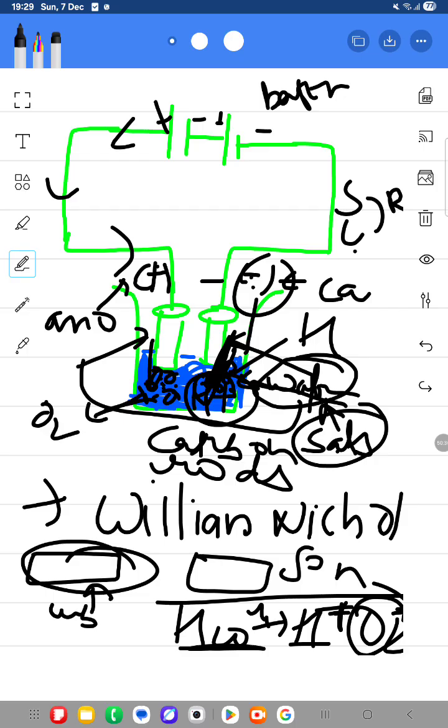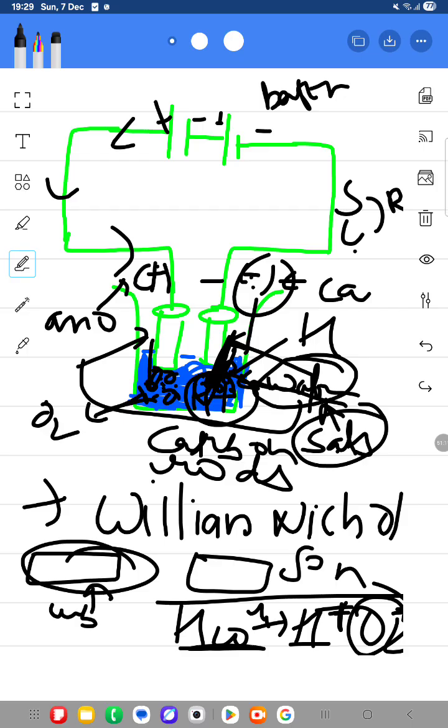I will give you a quick summary of this. We have used a battery, two carbon rods, and H2O mixed with salt. Now when the electric current flows through it from the positive to the negative terminal, we will see some changes. The changes are the formation of bubbles of oxygen and the formation of hydrogen. Oxygen will be seen at the positive end of the battery and hydrogen at the negative end of the battery.